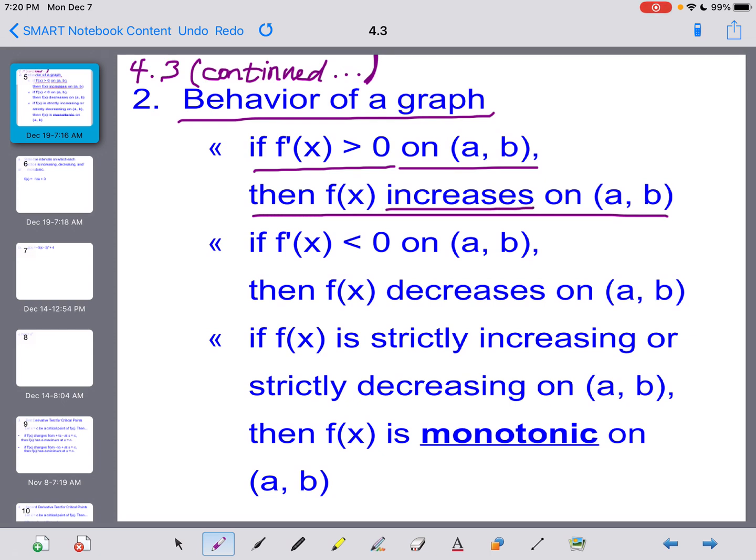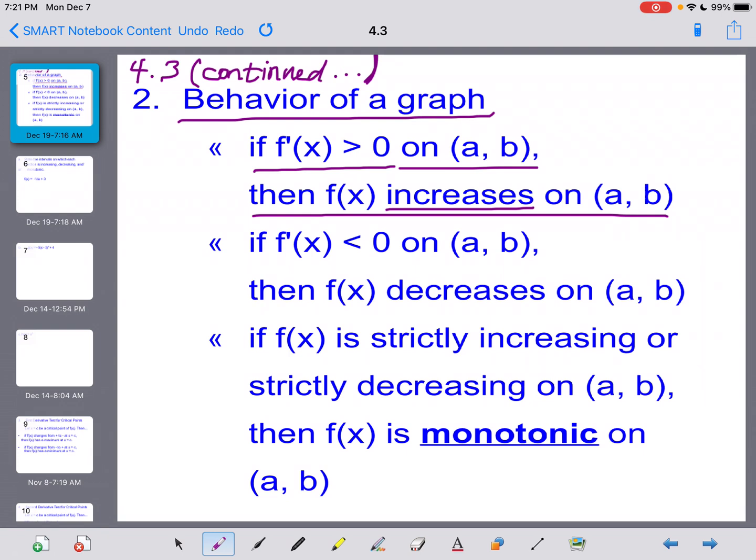So what we're doing here, guys, is we're trying to draw a connection between the sign of your derivative and the behavior of your function. The sign of the derivative tells you something about the behavior of the function and vice versa. But in this way, we just kind of do it in that direction. So any interval on which your first derivative is positive, then we know our function is increasing.